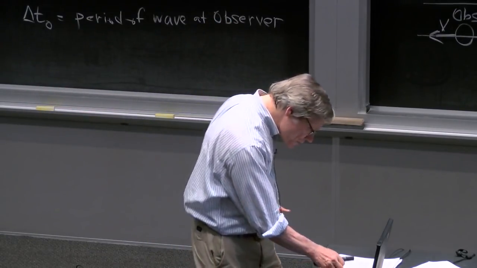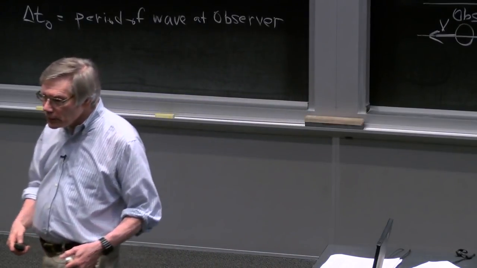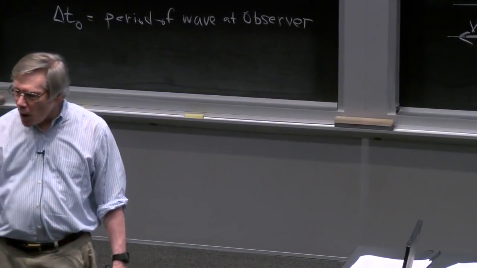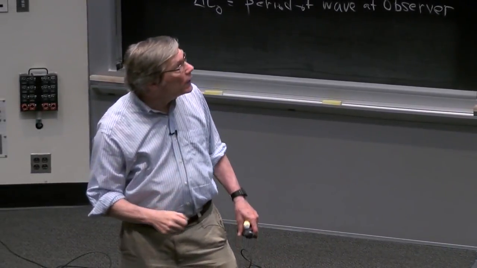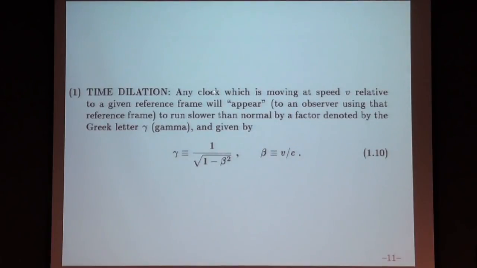Okay, so time dilation is the simple statement that if I were to watch a moving clock, the moving clock would "appear" to me to be running slower. I'll just mention for a moment now that I put the word appear in quotation marks. That means we're going to come back and discuss in detail what is meant by the word appear.